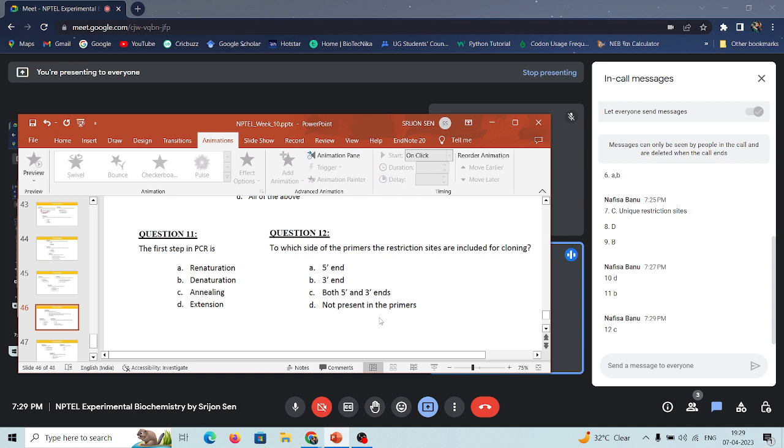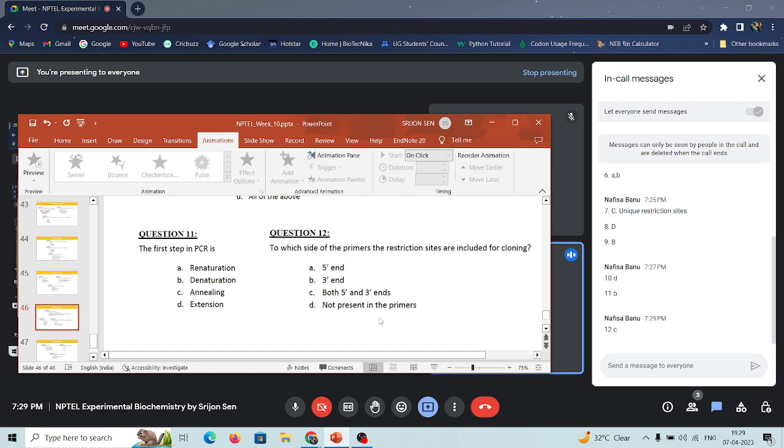No. So they are included in the 5' ends only. Even in the complementary sequence, it seems like they are present in the 3' end, but from the complementary sequence, they are present in the 5' end. Why is it so? Because the enzymes identify these restriction sites from the 5' end to the 3' end.